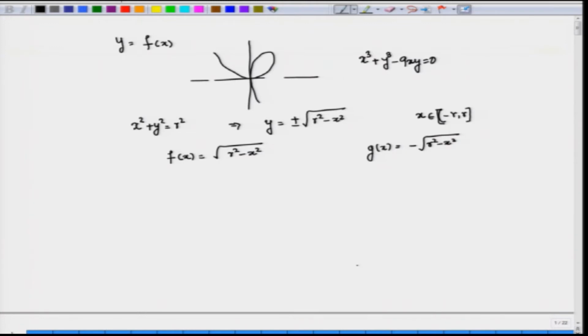If we calculate f prime of x, by the chain rule this is 1 by 2 square root of r square minus x square, into minus 2x, which is equal to minus x by square root of r square minus x square.